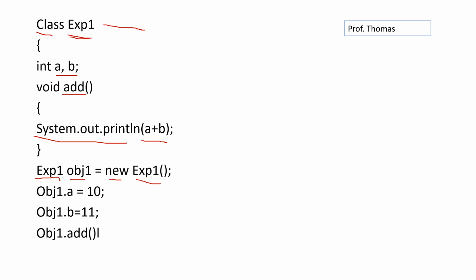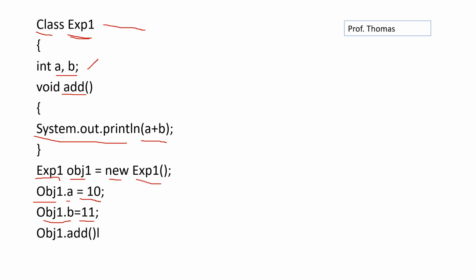Okay. So obj1.a equal to 10. We can directly initialize the values. obj1.b equal to 11. We give values to both variables A and B. We have seen that the object is used to access the data members. For the data member A we initialize the value 10, and for B we initialize the value 11.